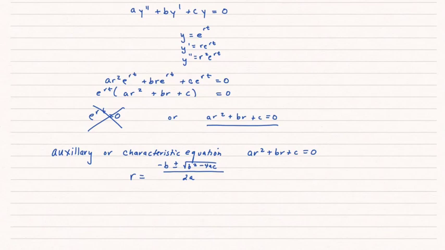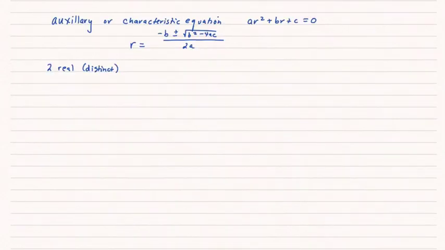And if we remember anything about quadratic equations, we know that we get three types of solutions for this. We can either get two real solutions, and I'm also going to throw in the word distinct, meaning two different real solutions. We can also get one solution. That one real solution, we're actually going to call a repeated real. It's the same value twice.